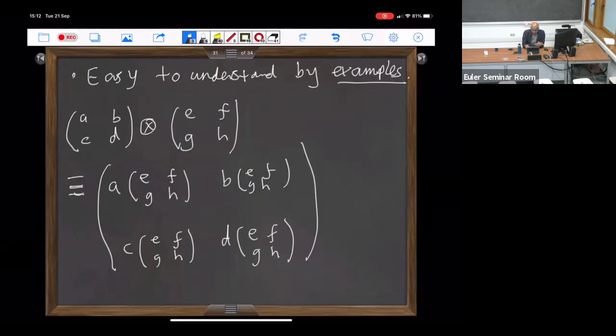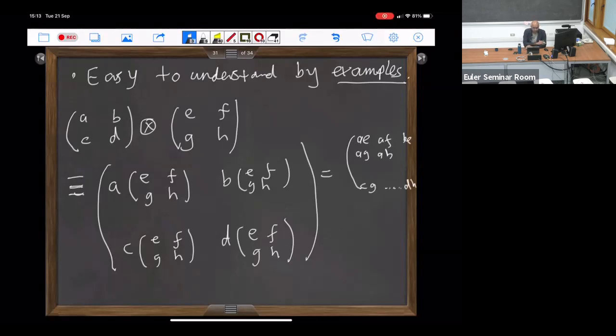And the way I do that is I take the first matrix, take its elements, and for every element, I multiply by the full matrix on the right. So actually, I should say this a bit clearer. What I mean here is the 4 by 4 matrix whose elements are AE, AF, AG, AH, BE, etc. The bottom entry would be CG, DH.